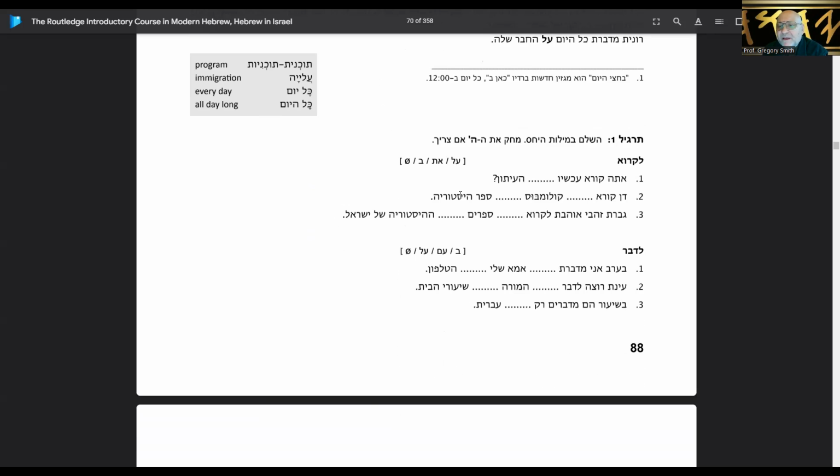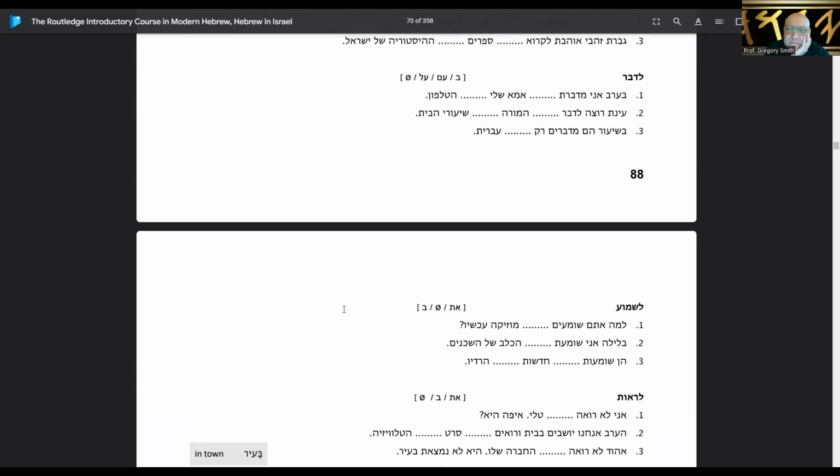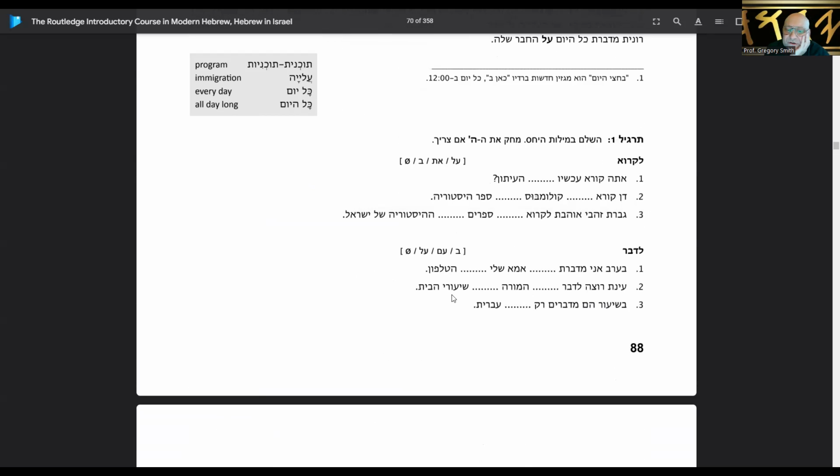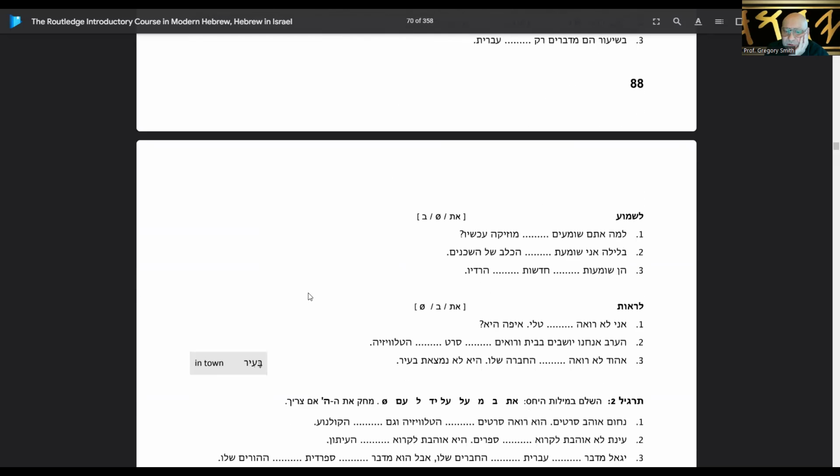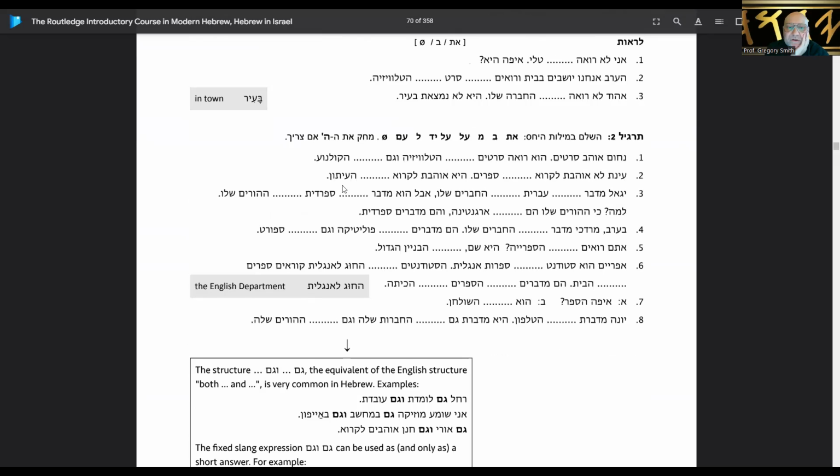Okay, so I'm not going to mess around with Targil 1. We're going to get right down into Targil 2 because I already worked on this recently with the study class, so I'm going to move on down. Let's see what they have here. Hashlem bemilot hayachas. Complete in the words of the preposition.